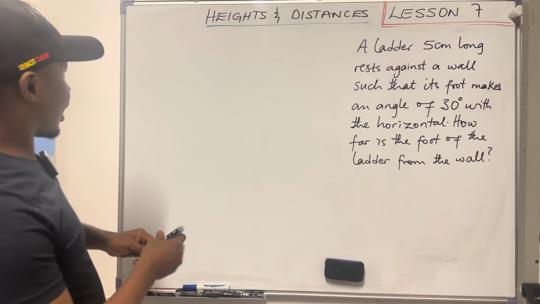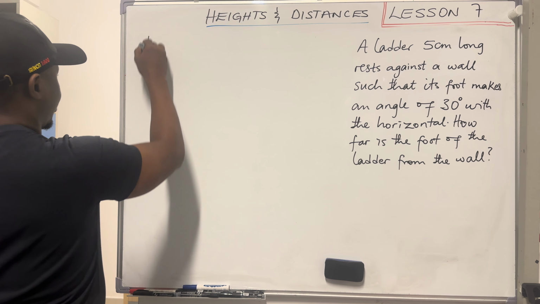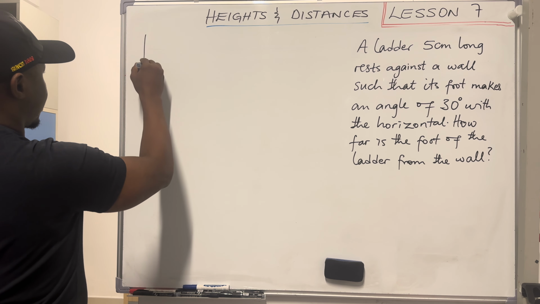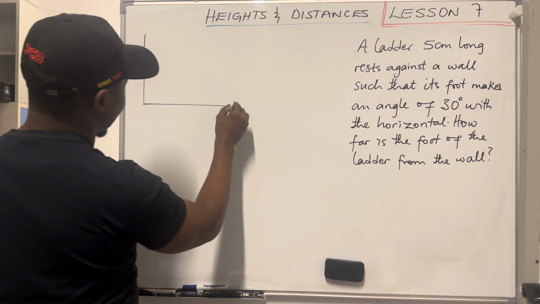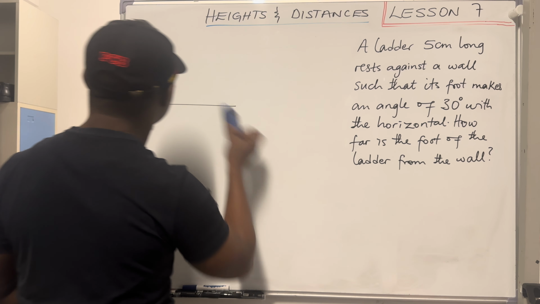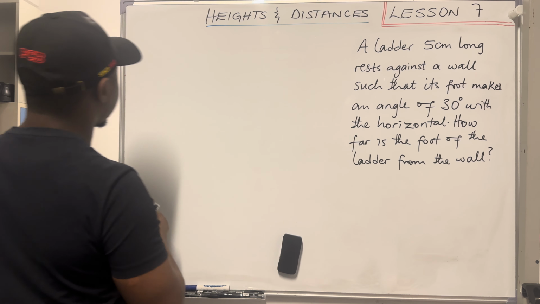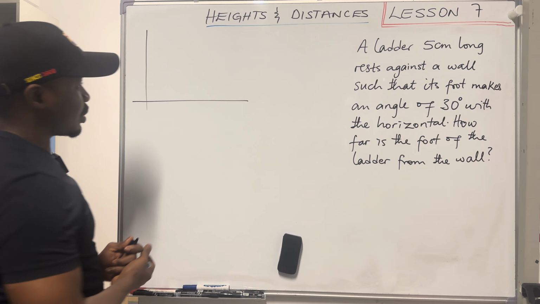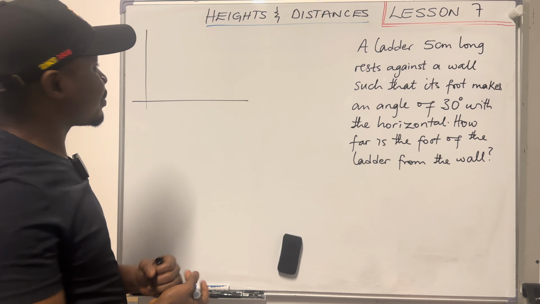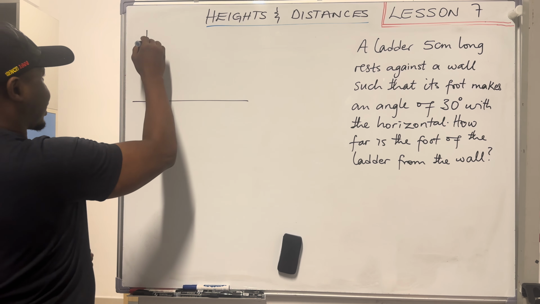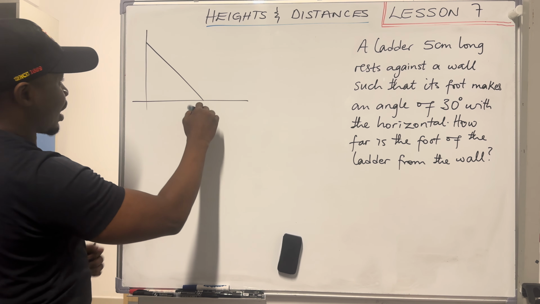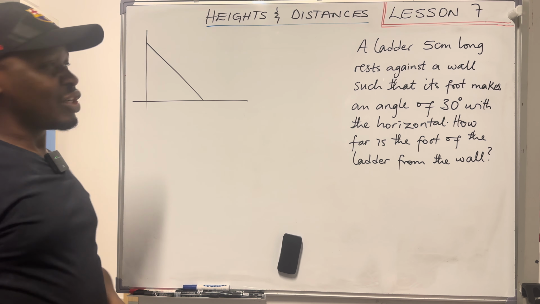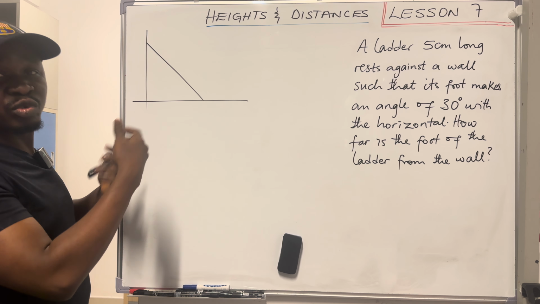Here is the wall, and here is the horizontal ground. Then we are told that the ladder leans. Sometimes if someone wants to climb to a certain height, you need a ladder that you'll have to bring.